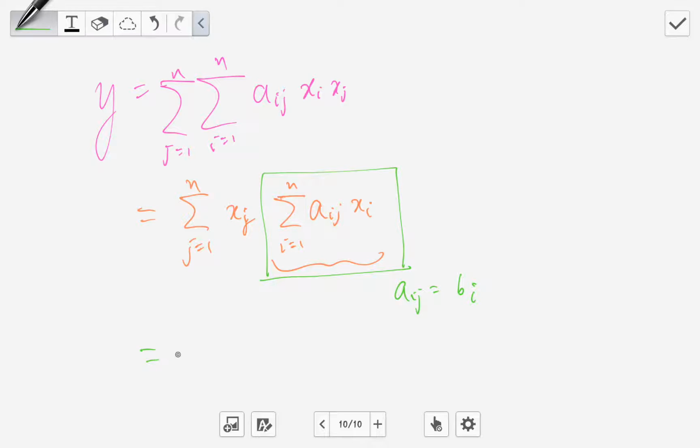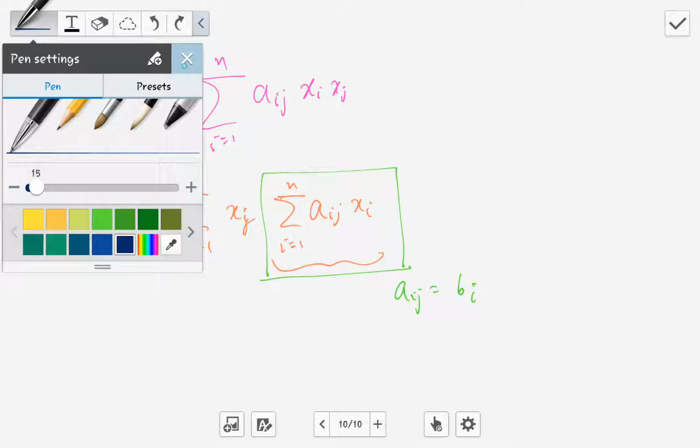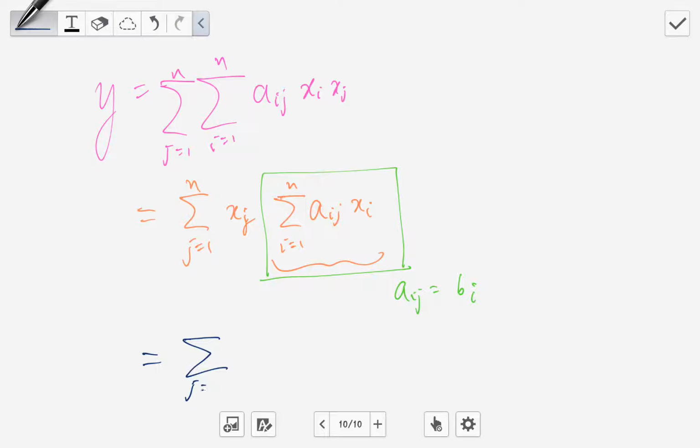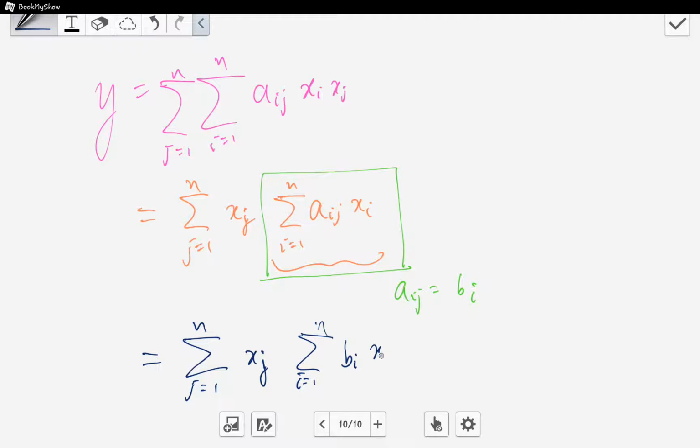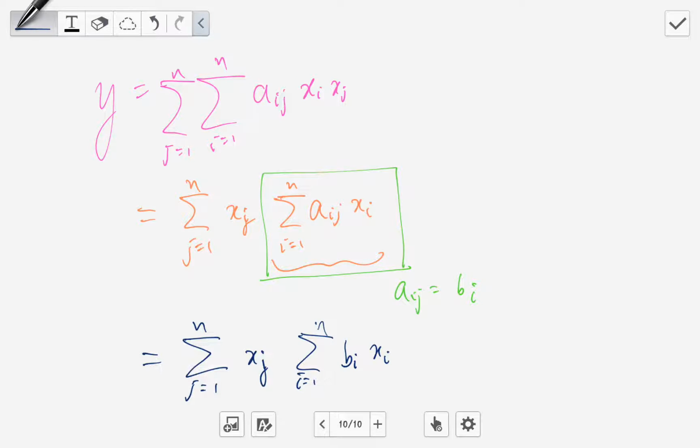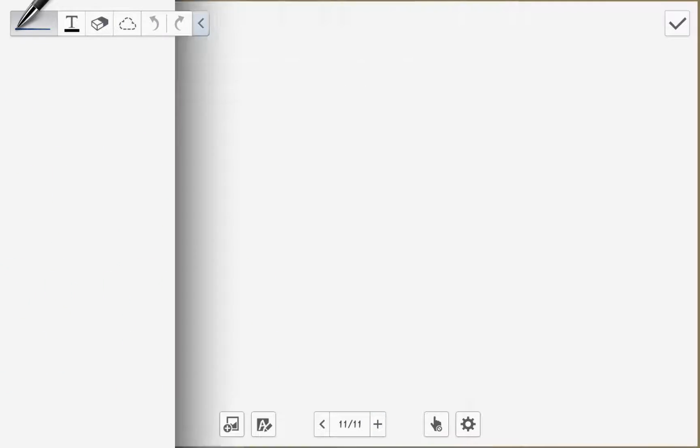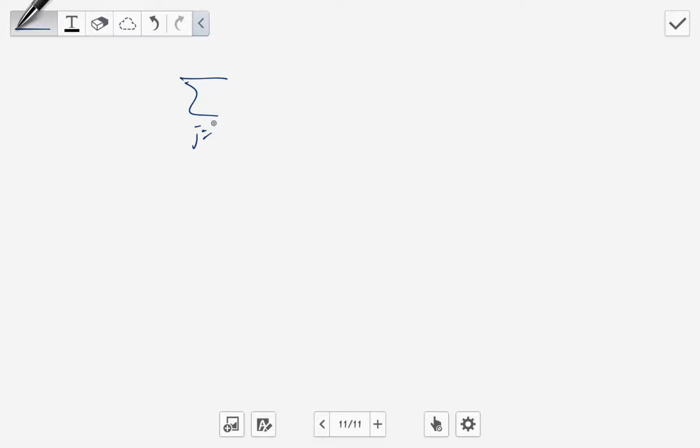Now this will be sigma j as 1 to n xj, sigma i from 1 to n bi xi. Fine. Now what would this be? Sigma i is equal to 1 to n bi xi. This is b1 x1 plus b2 x2 plus so on up to bn xn.